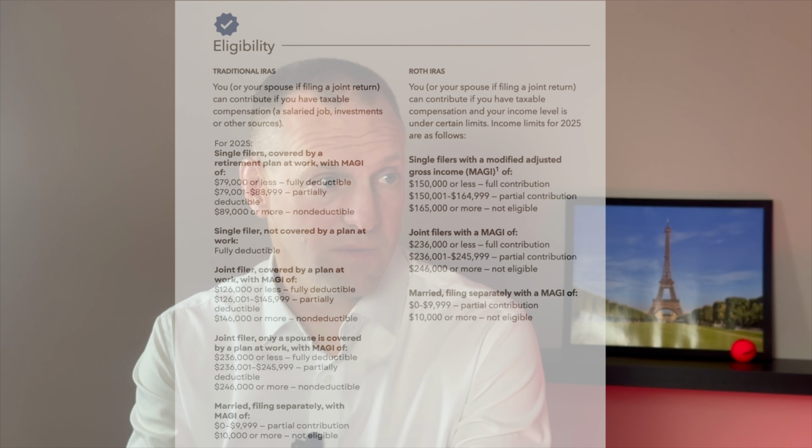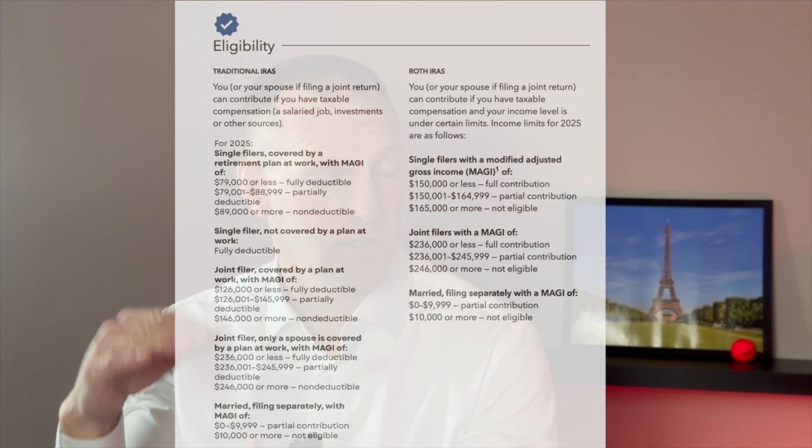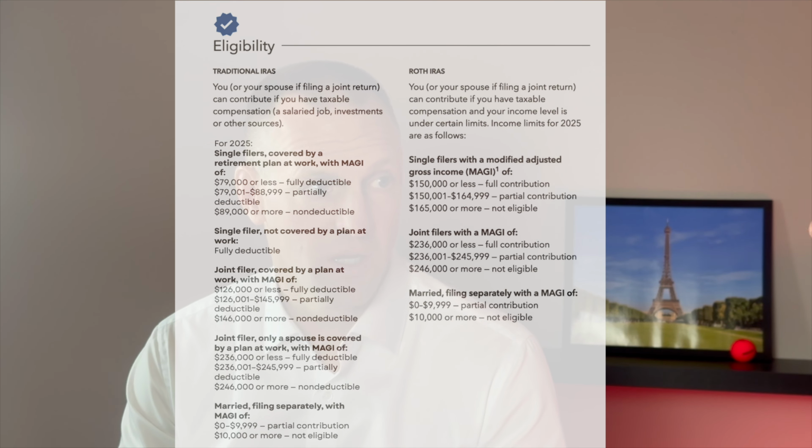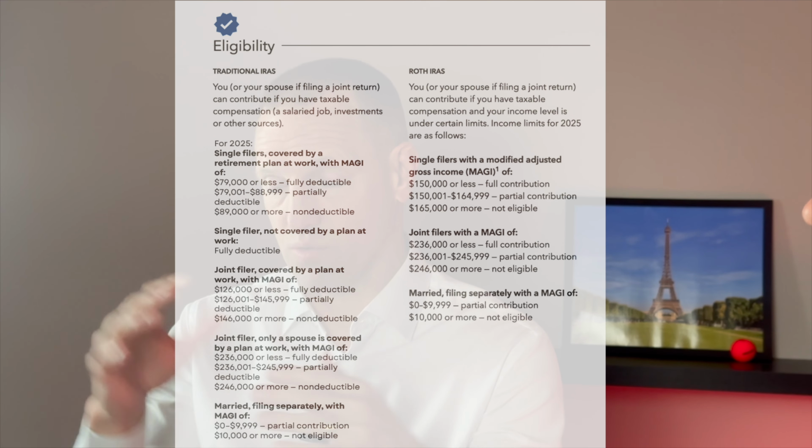So who is eligible for these accounts? Anybody that has earned income. If you have earned income, you're eligible for the accounts, assuming your income is within some parameters, okay? There are some limits on higher earners on whether you can contribute to an IRA or a Roth IRA. We can put some of these up on the screen because there's quite a range of them.